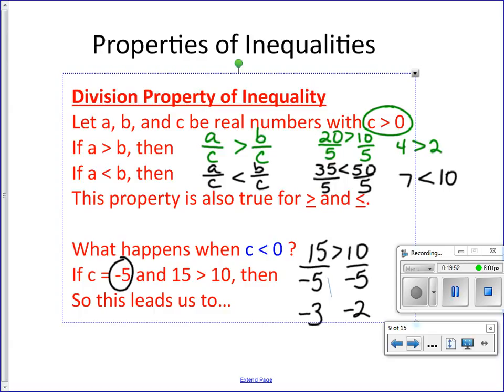And in order for this to be a true statement, we have to flip our inequality symbol around. Negative 3 lies to the left of negative 2 on a number line. As in, here's 0, negative 1, negative 2, negative 3. And you can see negative 3 is to the left of negative 2, meaning it is smaller.